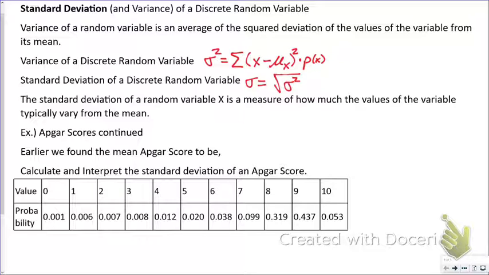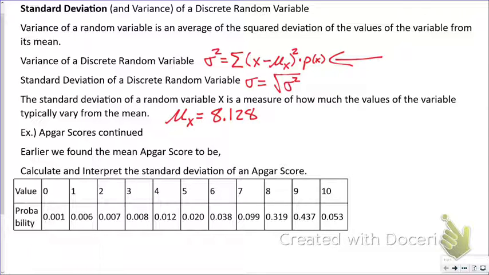So let's practice it with the APGAR problem that we had yesterday. Yesterday we found the mean, or the expected value, to be 8.128. So if you look up above, here's our variance formula. I realize that is a lot to type, but it's good practice.